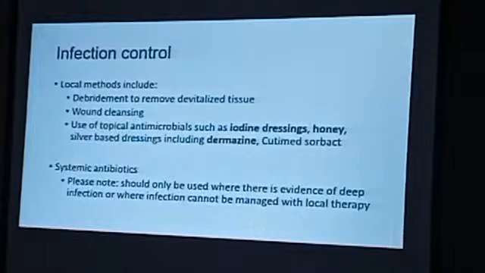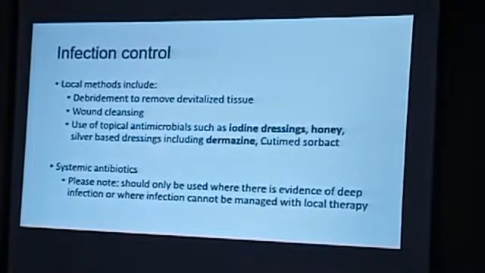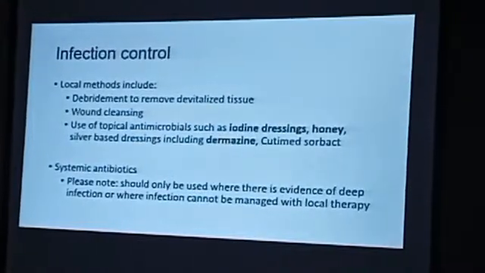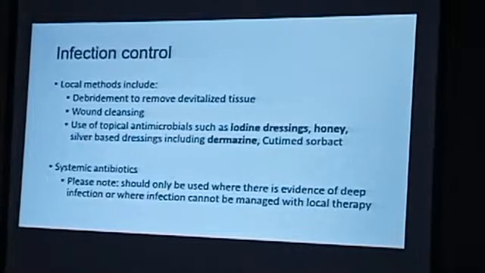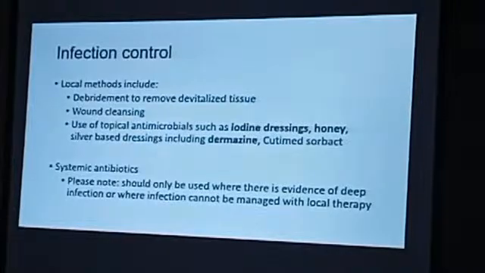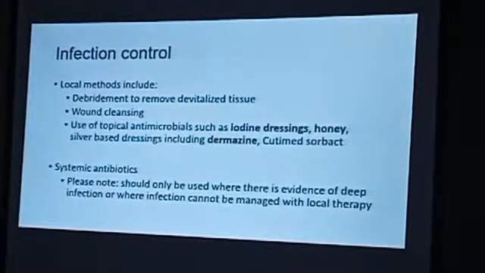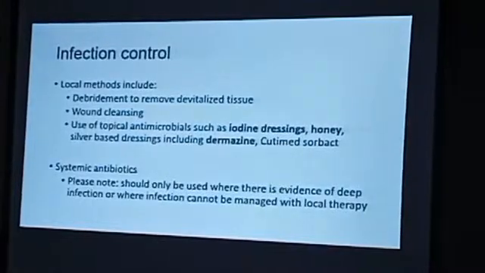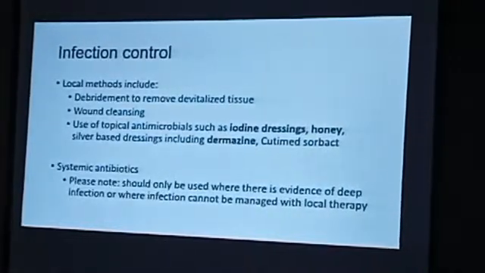Now, the treatment of infection in chronic wounds usually should be local. Okay, it should be local. Most of the time we don't treat those infections in a systemic way. Now, we only encourage a systemic treatment of chronic wound if there is evidence of deep infection.